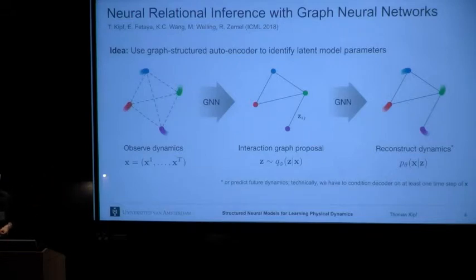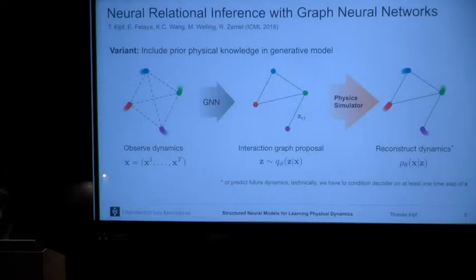You would essentially just run a graph neural network on a particular interaction structure, and then you try to reconstruct the dynamics of your system. And the encoder is tasked to basically identify, just from observed dynamics, what kind of underlying structure is in the data.